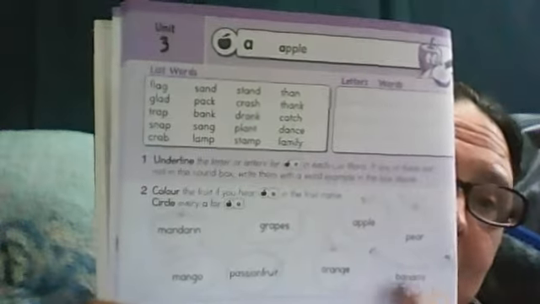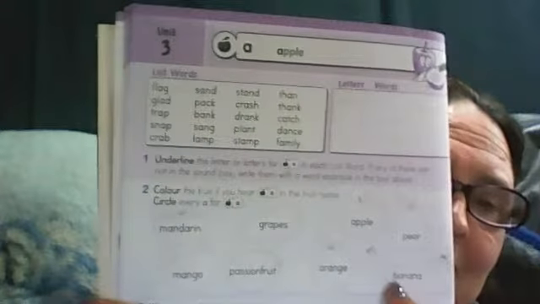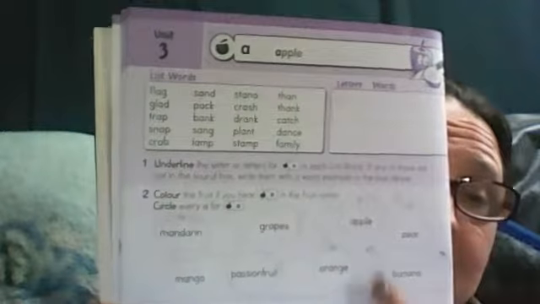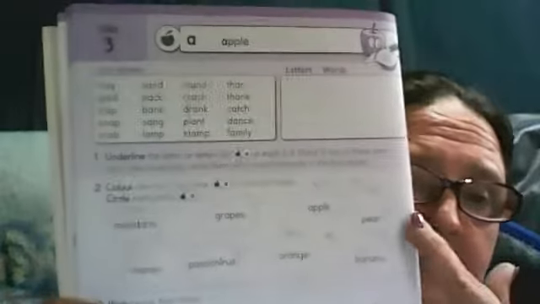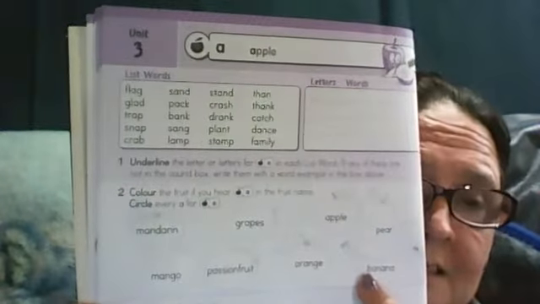This is a banana. Oh, all of the letter A's there say uh. So are we going to colour that one in? No. Cross. In banana, the letter A's don't say A, they say uh.